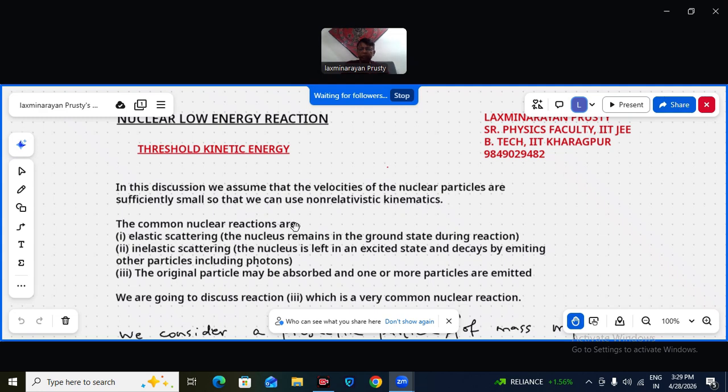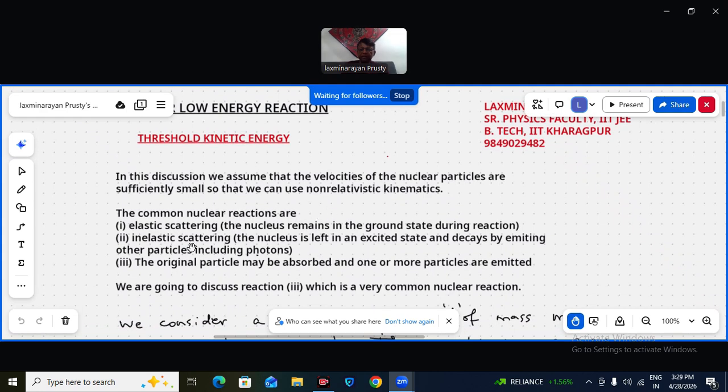The common nuclear reactions between two particles fall broadly in three categories. One is elastic scattering. Elastic scattering means the kinetic energy remains conserved. That means the nucleus remains in ground state, because just like atoms, there are also nuclear quantum energy states.